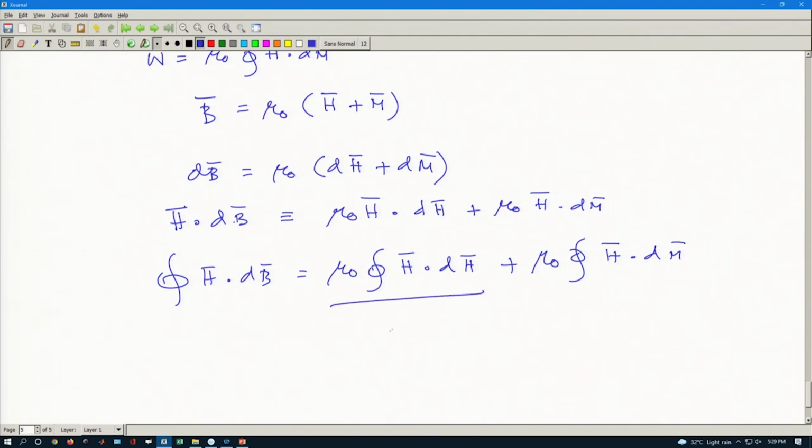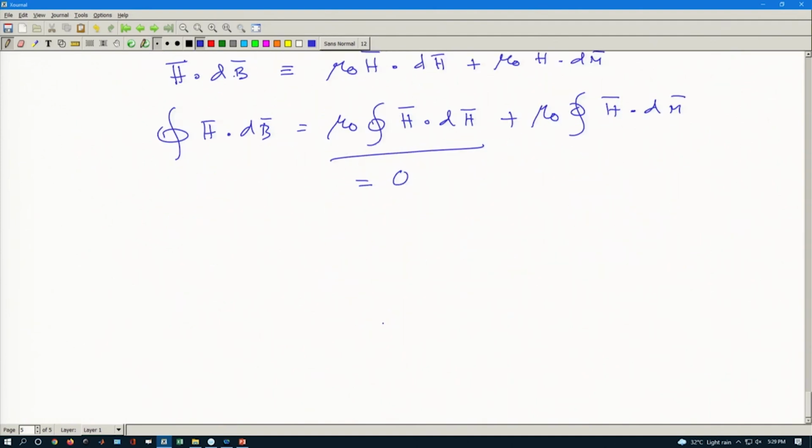Now, this first quantity should be 0, because if I plot H dH, it forms a straight line, and a straight line does not have any area.